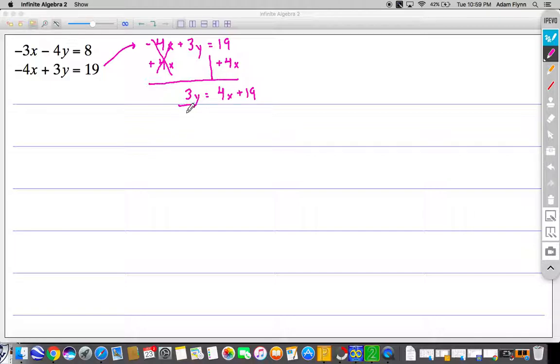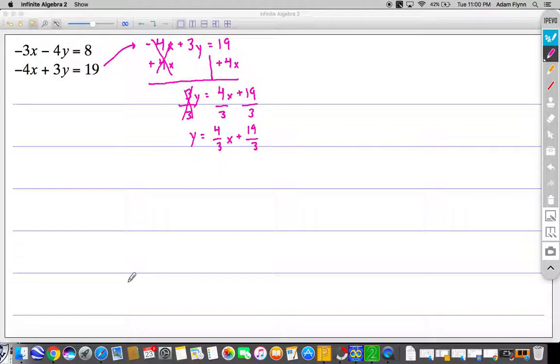We'll divide both sides by 3. Dividing everything. When we do that, those 3's cancel, so we get y equals 4 over 3x plus 19 over 3.